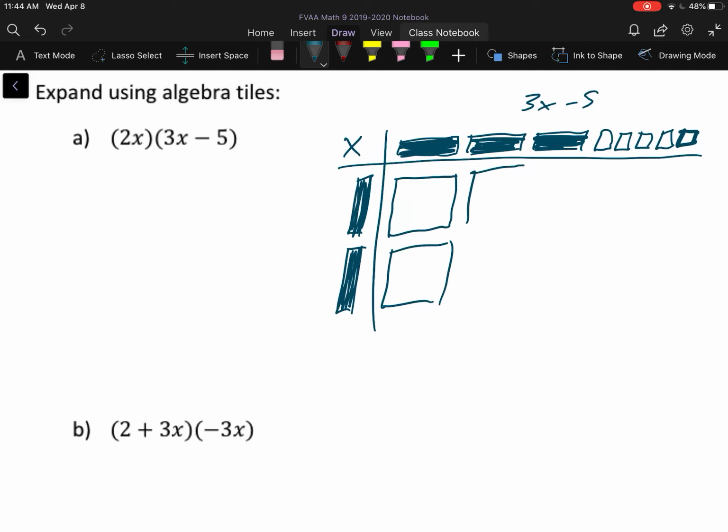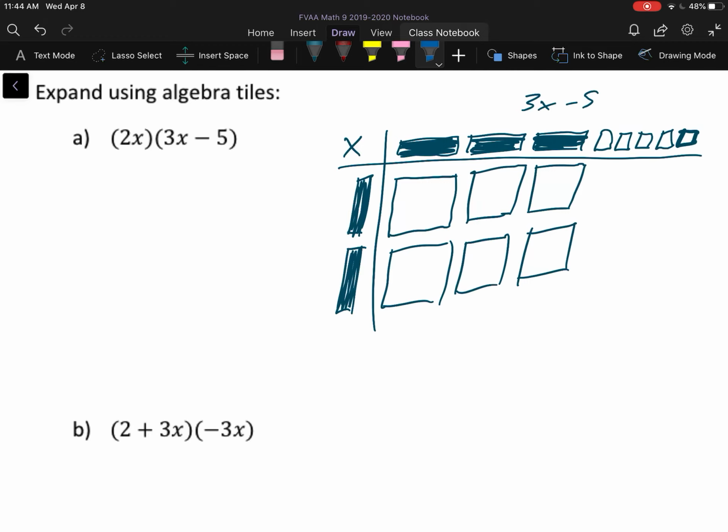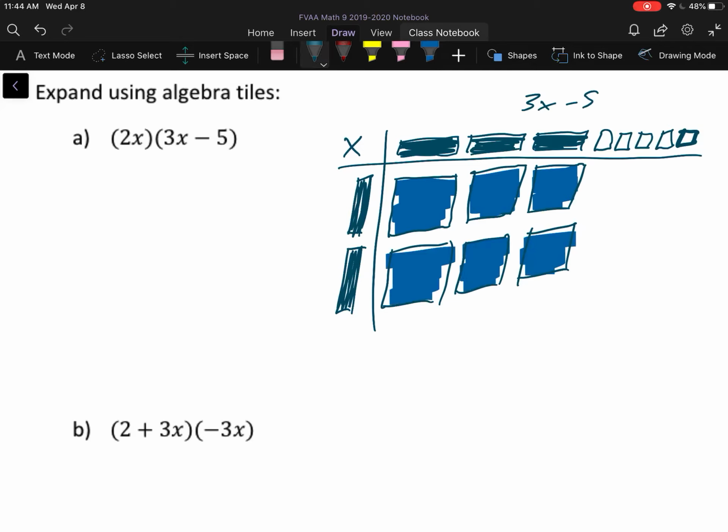All right, and I'll fill those in a second because it's positive times positive. So I should be filling in each of these. I'm going to use my highlighter to speed things up. All right. And then same thing here. I use the width of the top tile and the length of the side tile.